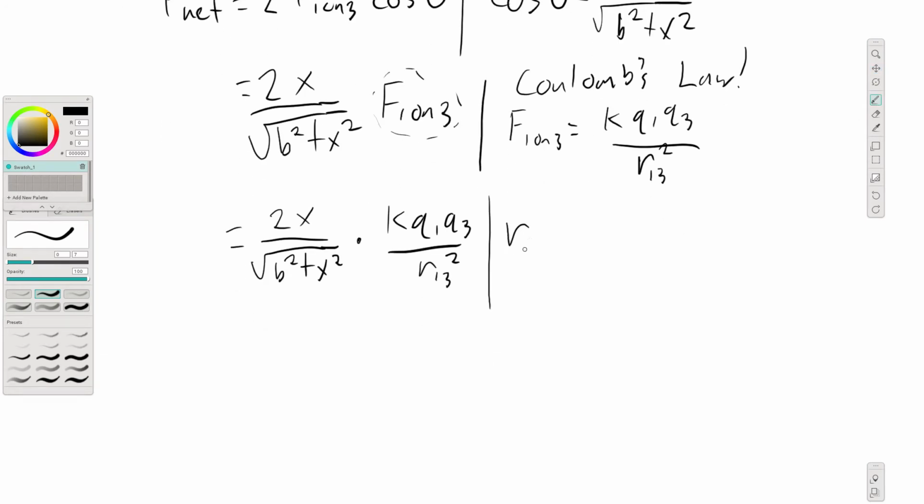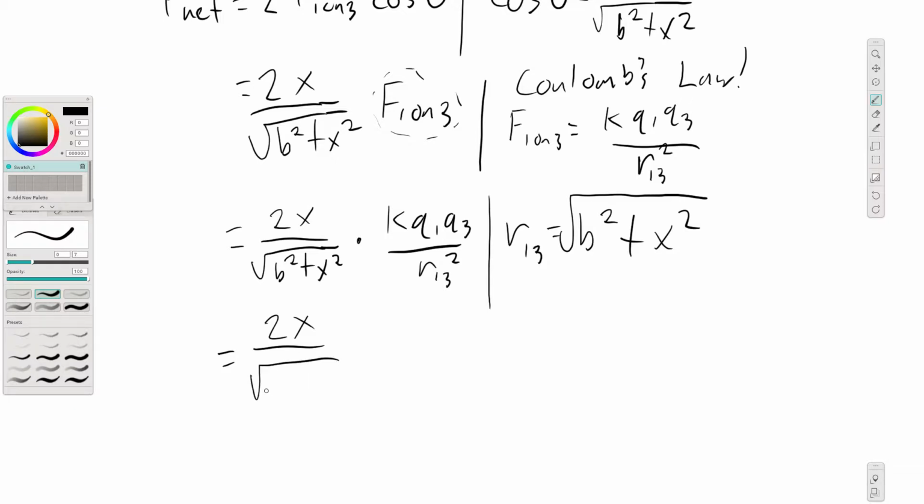So I know that r equals the square root of b squared plus x squared. And we plug that in, noticing that we have a square of a square root conveniently canceling that square root.